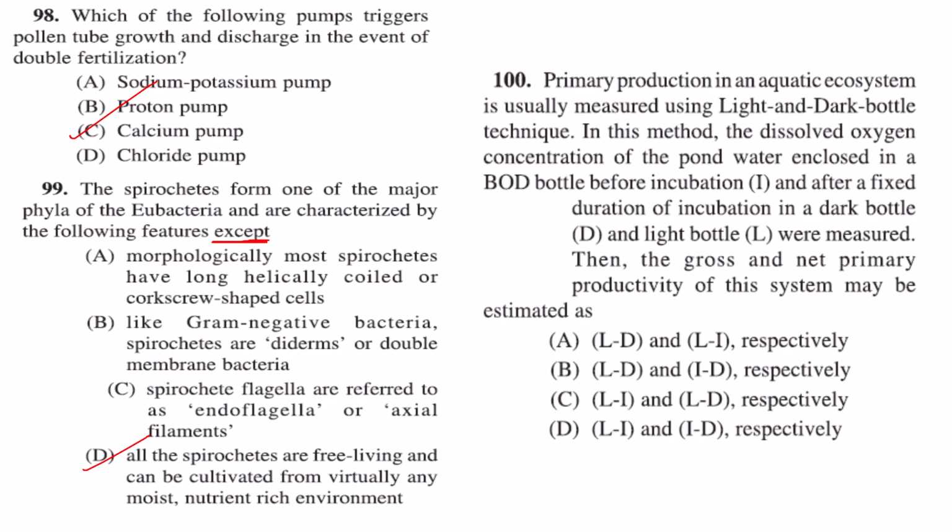It is the amount of organic matter produced by photosynthesis minus the amount lost due to respiration. So it is estimated based on the difference in the dissolved oxygen concentration between the light bottle and before incubation, that is I. So L minus I. So the answer here is option A, that is L minus D and L minus I.